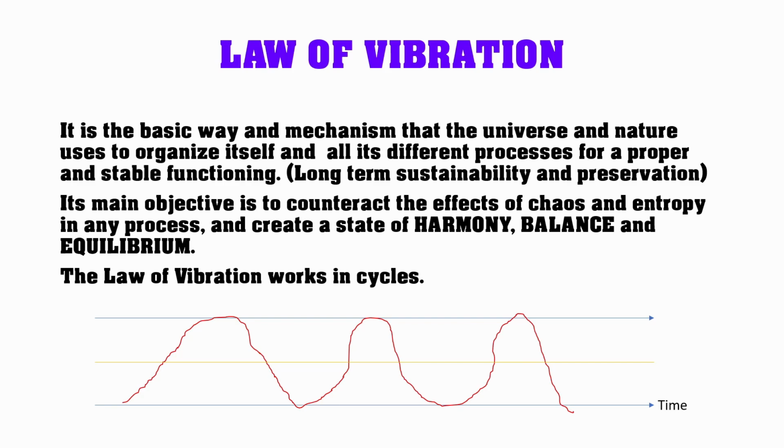So the seasons also, weather, everything works and is influenced by this law, which is not recognized as it should be, but it is there because it is part of the universal immutable laws.